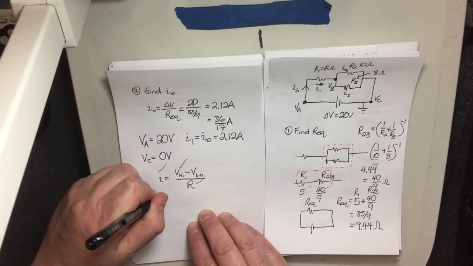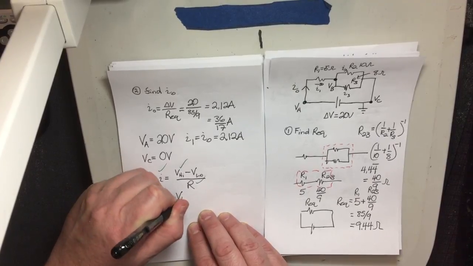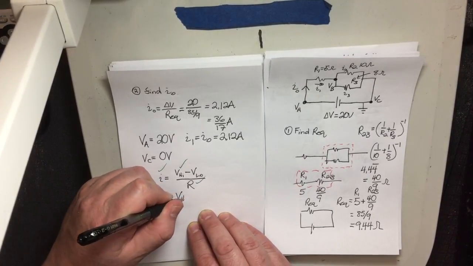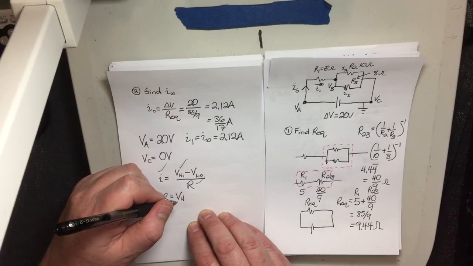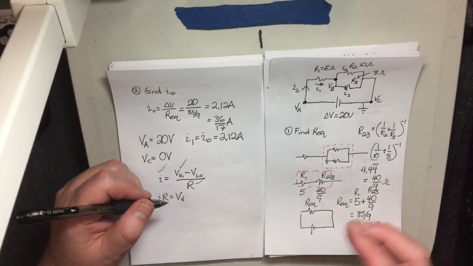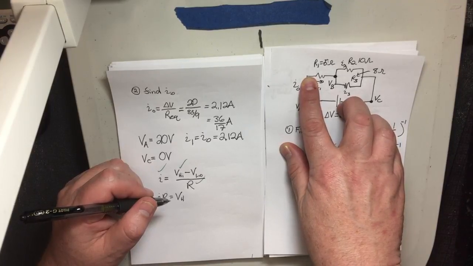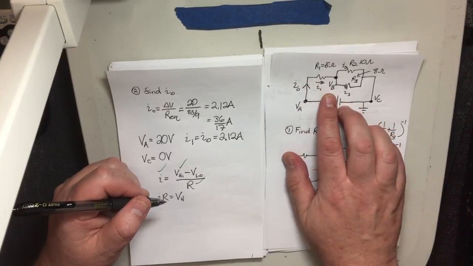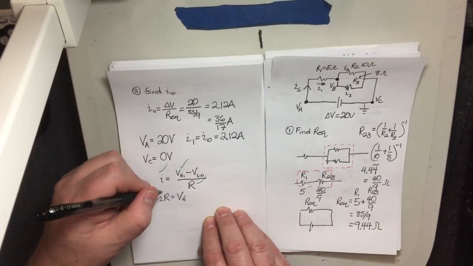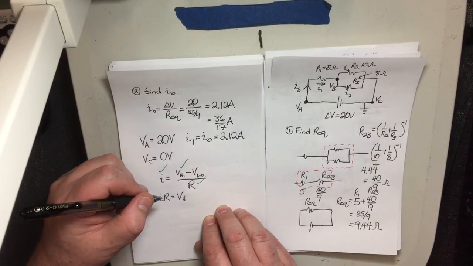So IR is V high minus V low. How do you determine what's V high and V low? V high is whatever is the furthest upstream. I'm really using magnitudes all the time.